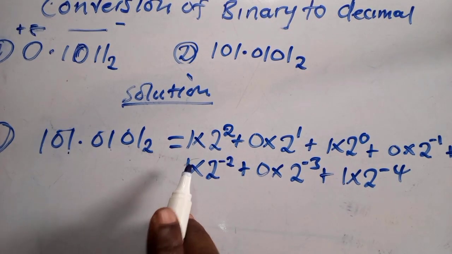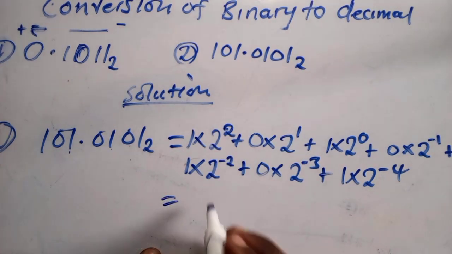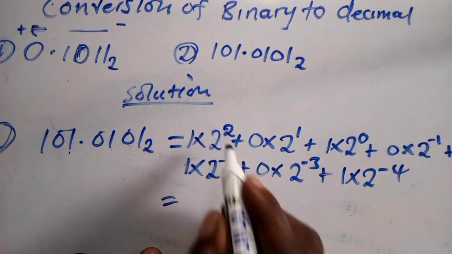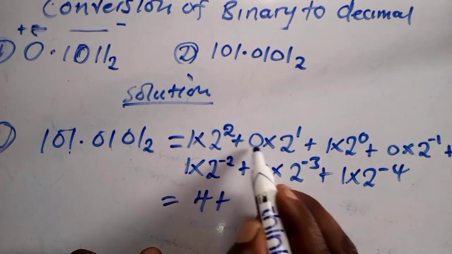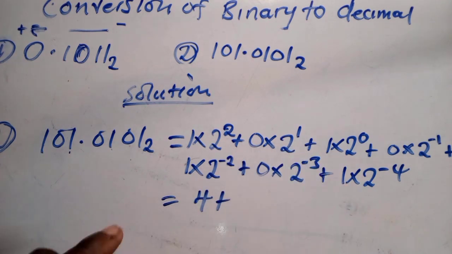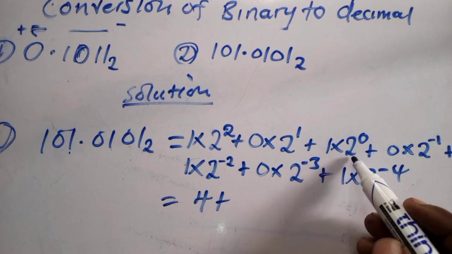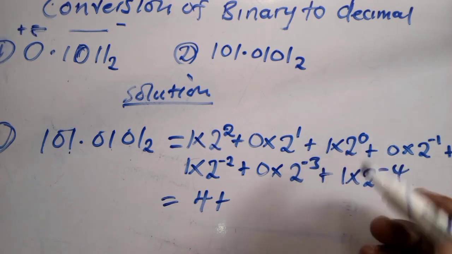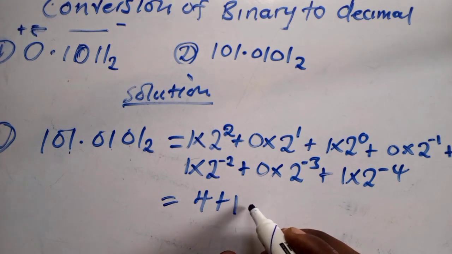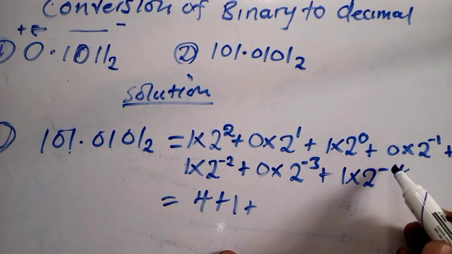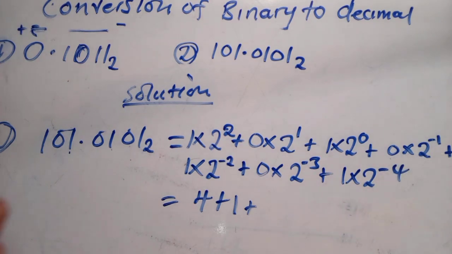So if you simplify this one, it will be 1 times 2 to the power 2, it is 4, plus 0 times 2 to the power 1, it is 0. So we move into this one: 1 times 2 to the power 0, any number to the power 0 is 1. 1 times 1, which is 1 here. Then plus 0 multiplied by 2 to the power -1, we are going to have 0.